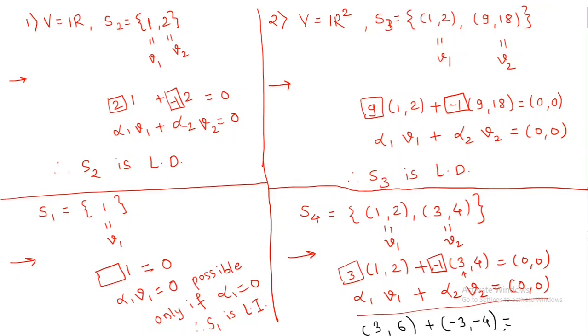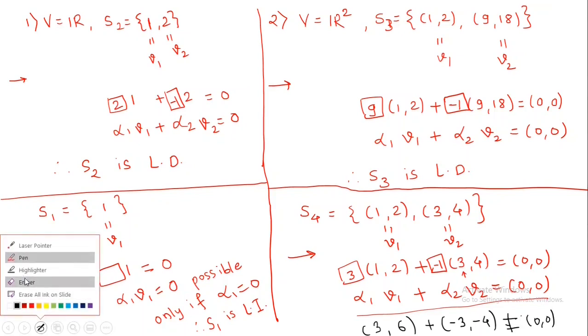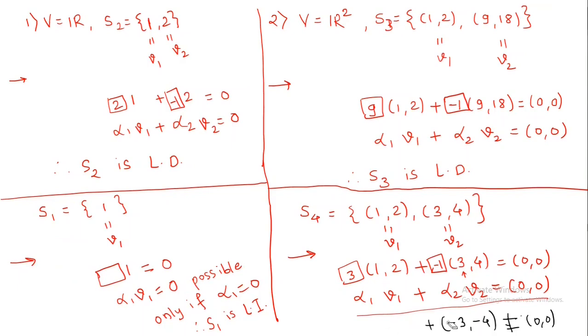So is it equal to 0? No chance, right? These values of alpha 1 and alpha 2 are not working because it is coming out to be non-zero. So naturally I will try to think of some other values of alpha 1 and alpha 2 such that this is coming equal to 0.